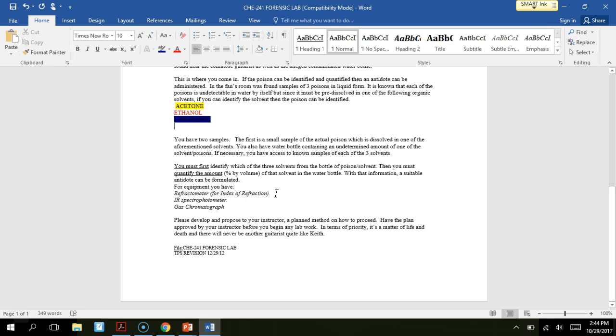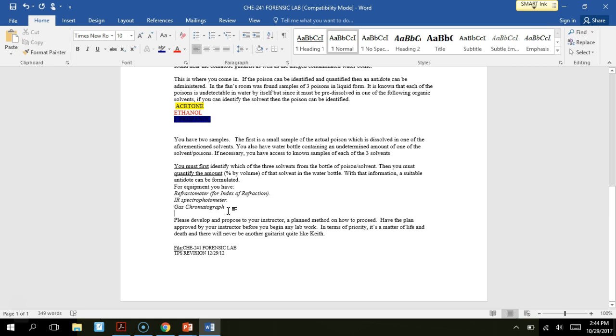And so you have these three ways of doing that. You have a refractometer. A refractometer can give you the index of refraction, and from there it can also give you the percent composition of the solvent. You have an IR spectrophotometer, which can tell you maybe what the identity is, or you can identify some of the structural features of these compounds.